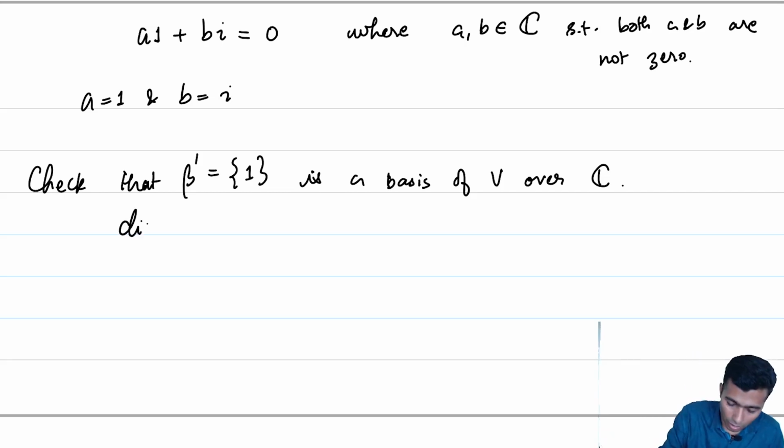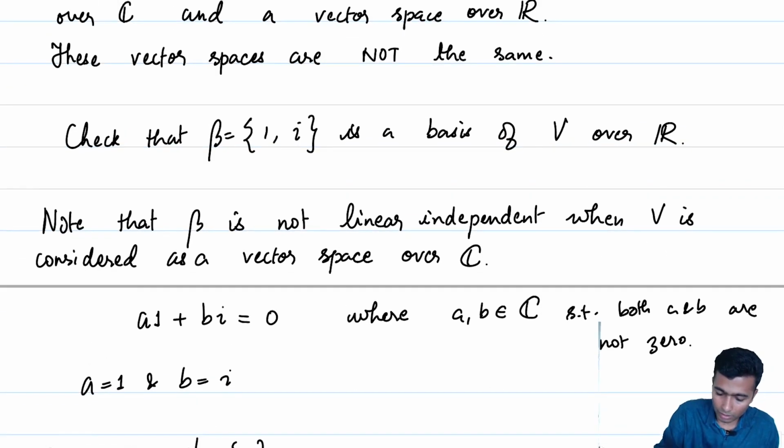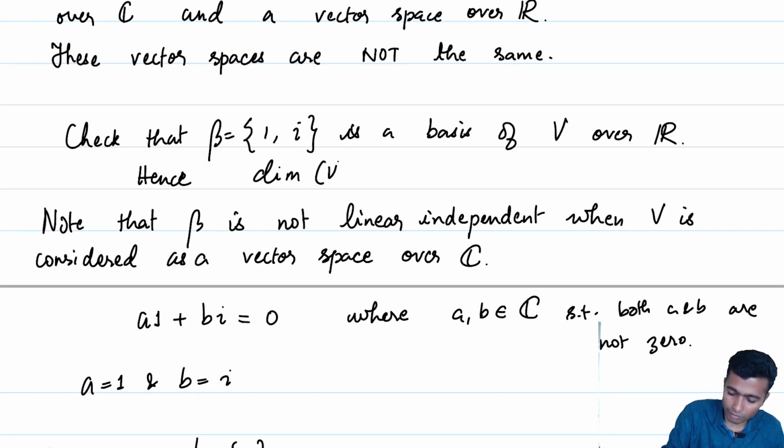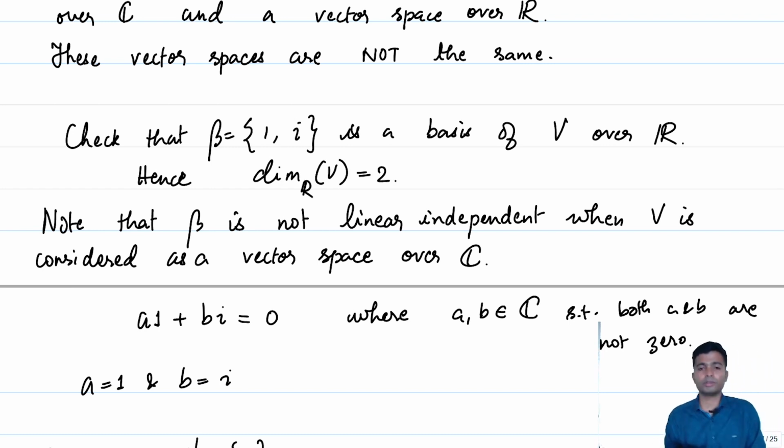Hence, the dimension of V as a vector space over R is equal to 2. So they are different vector spaces, and they shouldn't be confused.